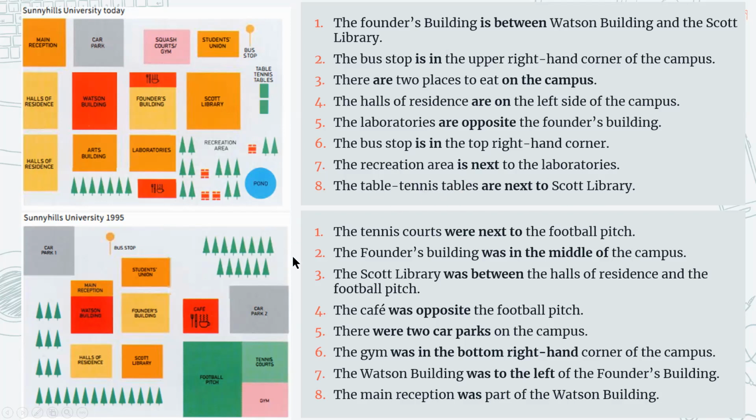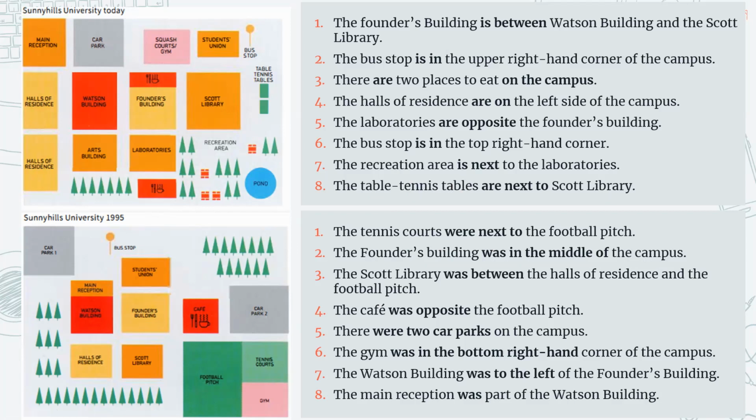Now let's talk about the facts regarding what used to be in the past, in 1995, about the Sunny Hills University. The tennis courts were next to the football pitch. These are the tennis courts. The founders building was in the middle of the campus. This is the founders building in the past.